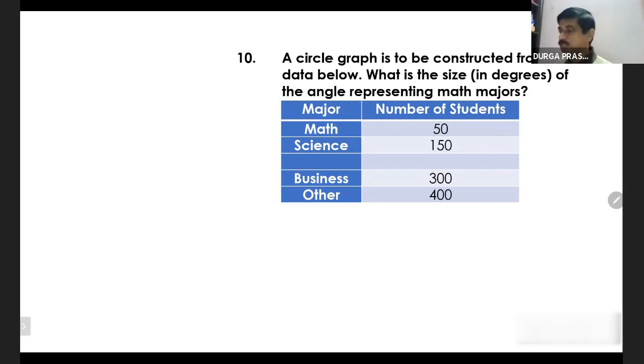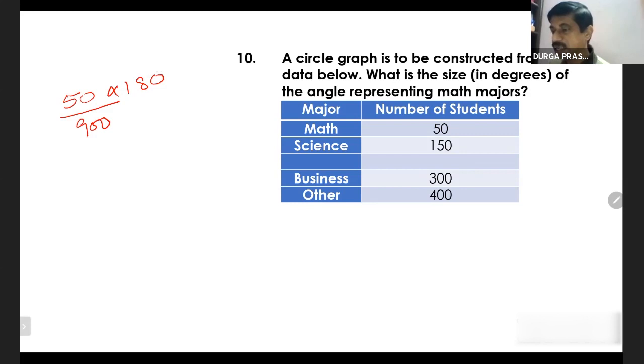So, see, math has 50 students, science has 150, business has 300, and others have 400. So, he is asking to find out the angle representing math. So, angle representing math is 50, that is math shared by total. Total is what? 900, into 360.